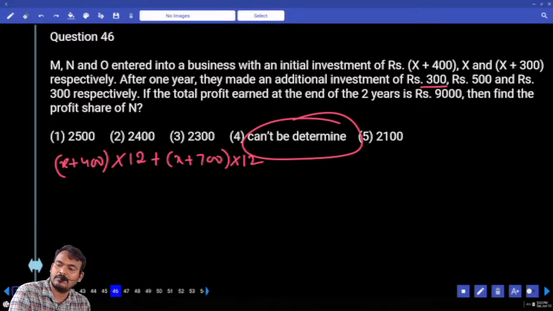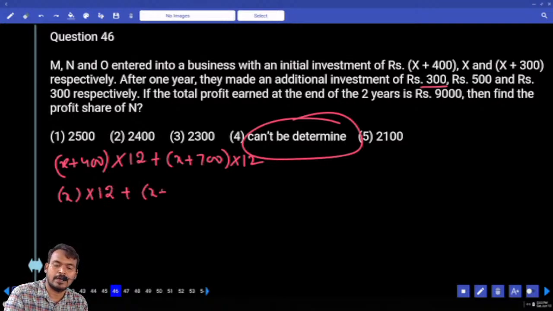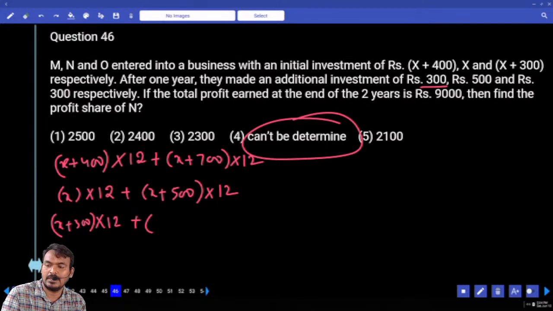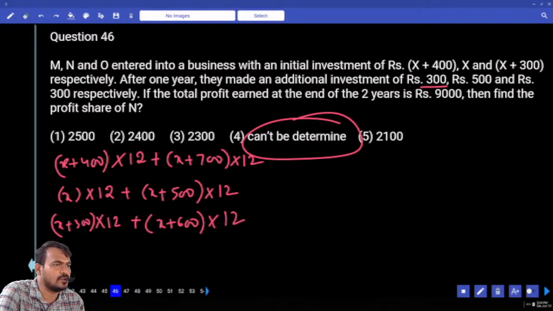Next, second one, x used for how many months? 12 months plus x plus 500 used for how many months? Another 12 months. Third one, x plus 300 for how many months? 12 months. Another 12 months. X plus 300 plus 300. X plus 600 for how many months? 12 months.